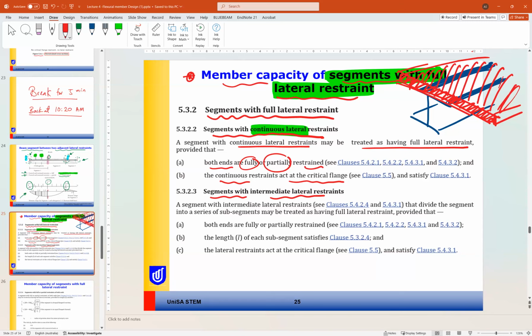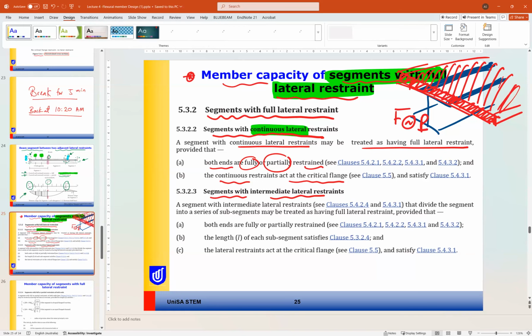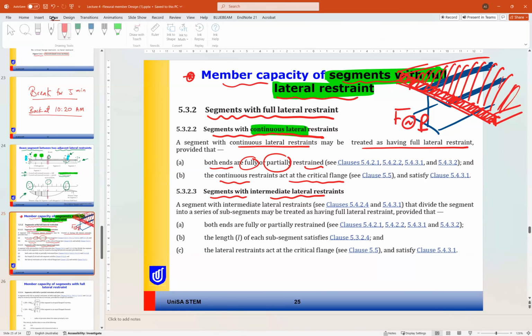So to consider the beam or segment with continuous lateral restraint, we need both ends to be fully or partially restrained, and the continuous restraint must act at the critical flange. So this flange should be our critical flange. So this is C.